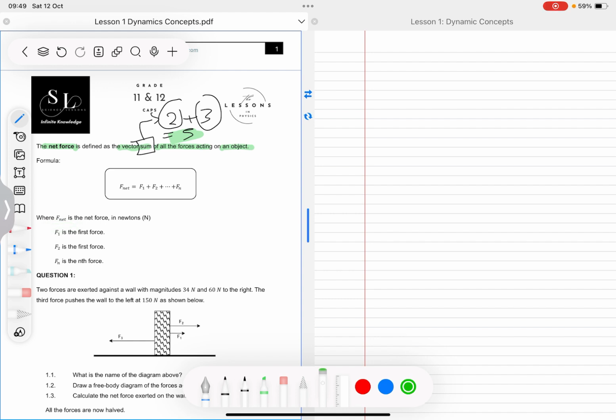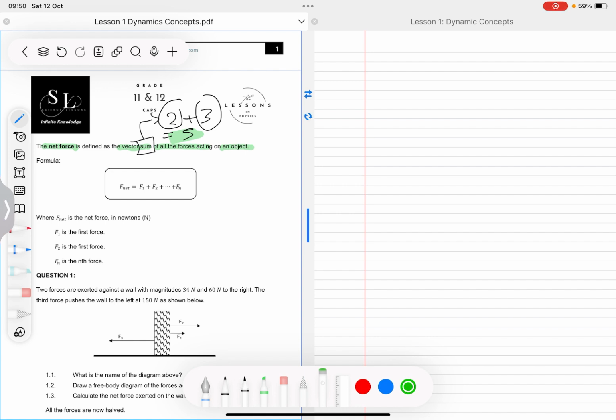So this means the net force. Again, F1, F2 up to the nth term are measured in newtons, so the net force would also be measured in newtons because you're just adding quantities of the same nature.